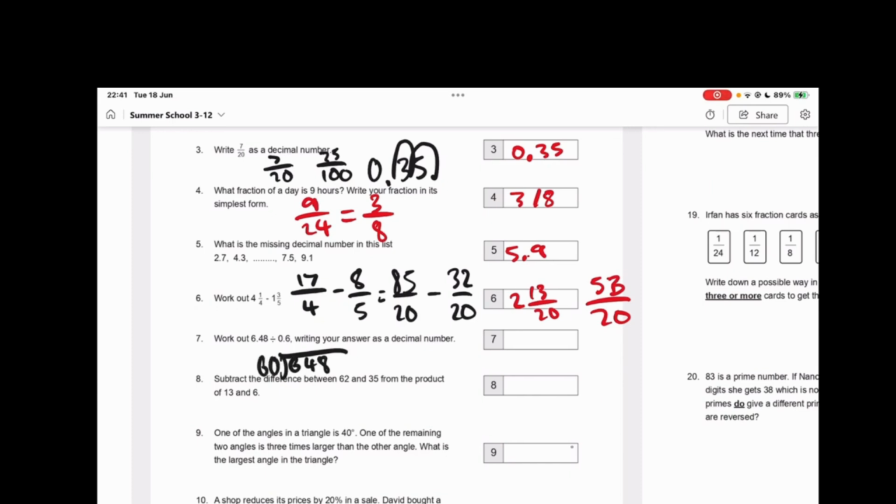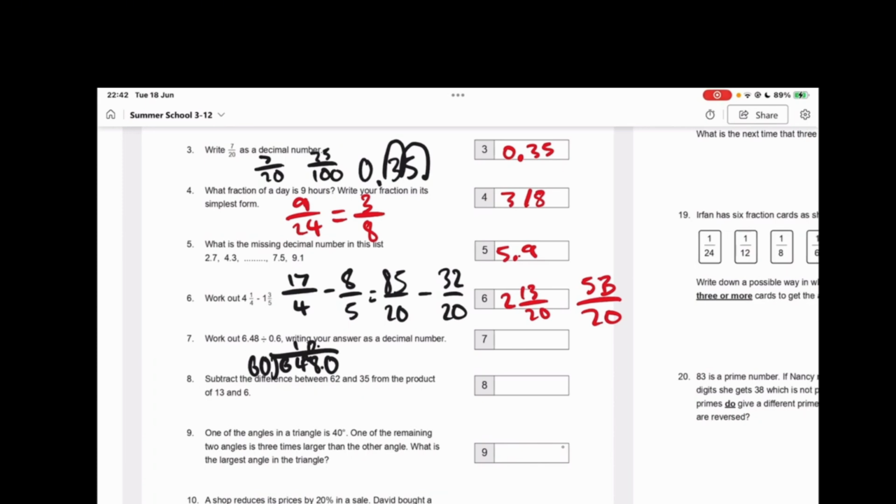Now you have 1 here, 4 there, 0, and we're looking at how many 60s in 480, and this will have a decimal here. Well, we know that 8 60s go into 480, so the answer will be 10.8.